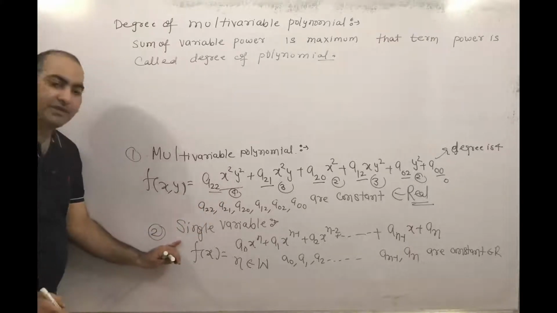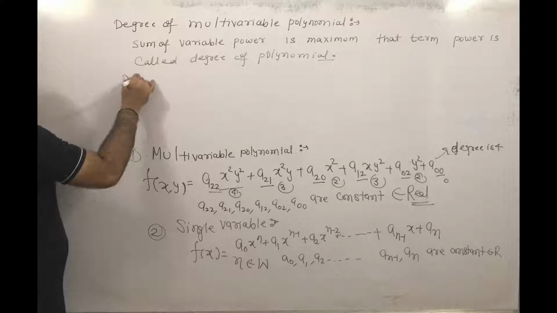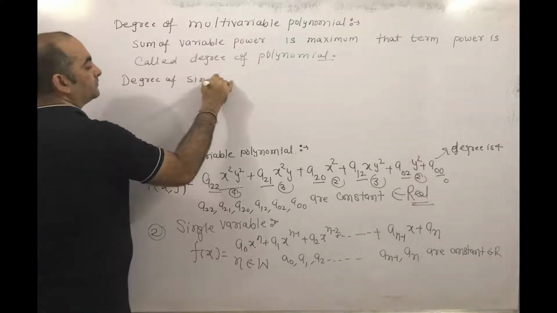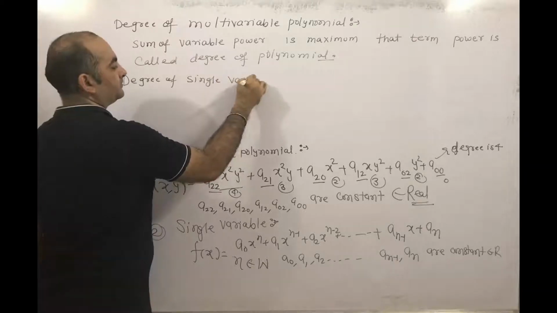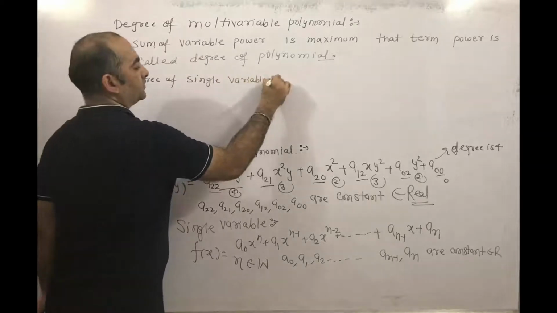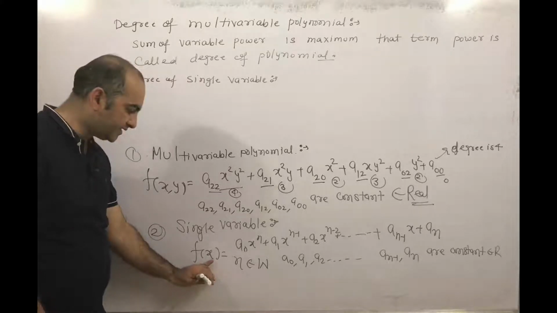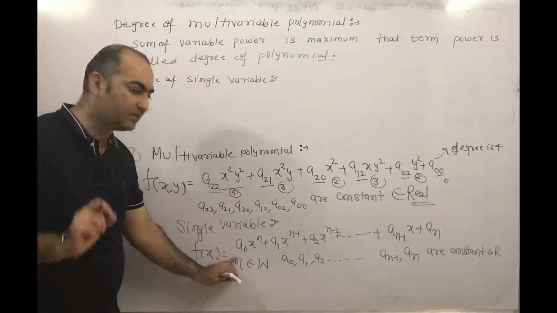Okay, for single variable how to find out the degree? Here also, highest power of x, because here one variable is there, so x is the variable. So for this one highest power of x is what? n.